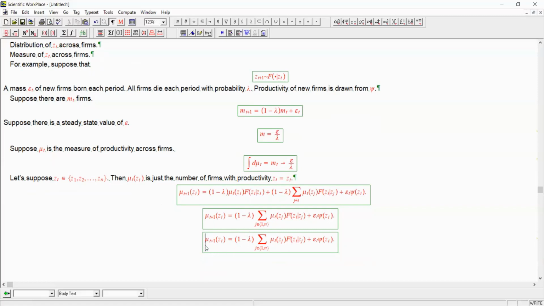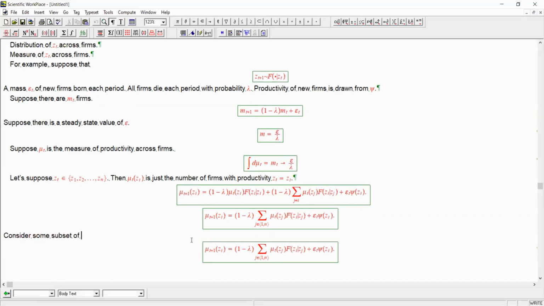by doing the following. Note that suppose we wanted not to figure out the probability of a particular value of z, but suppose instead we wanted to figure out the probability of being in some particular subset of values. The subset Z. So now I want to figure out the probability of that.